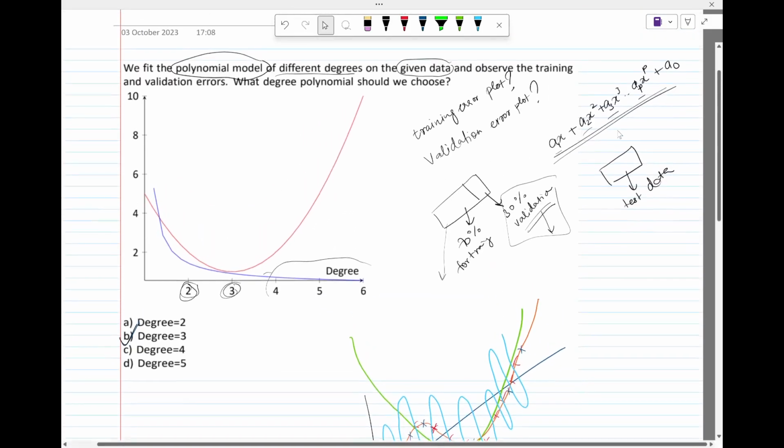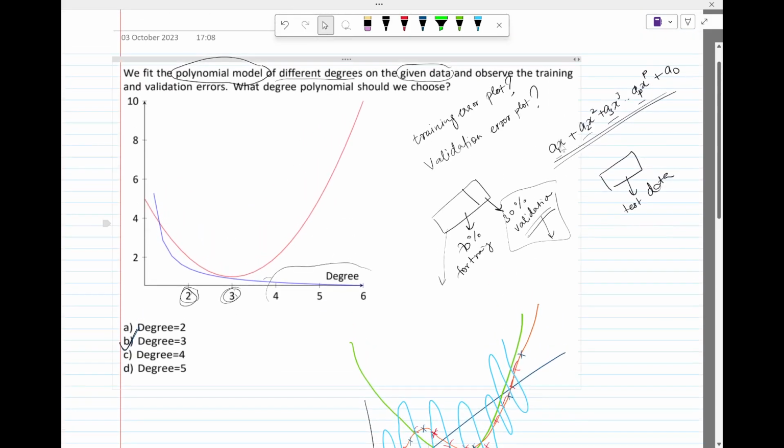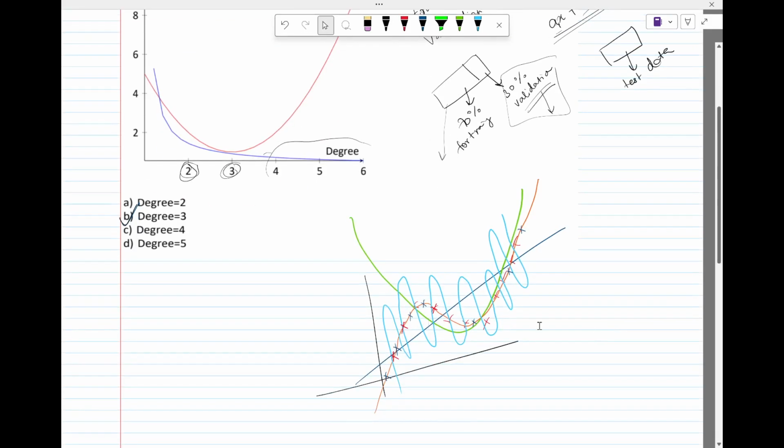If I am using a higher degree polynomial, that means x square, x cube till x power p are my features. But when I am using higher degree polynomials, my model is overfitting. This blue line is a higher degree polynomial which is overfitting my data.